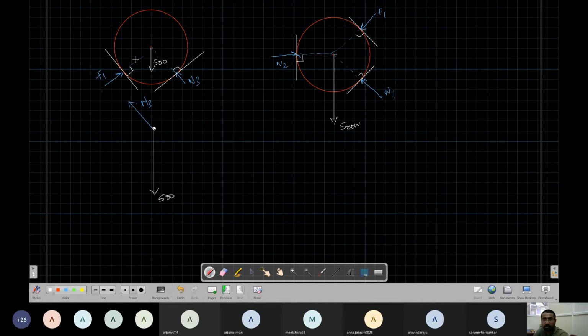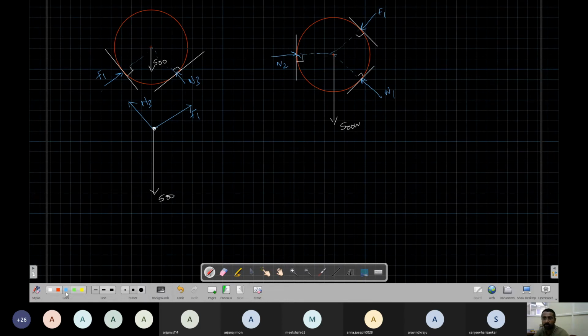I have a force like this, level force transmissibility which I can put there. Now this is F1. So this we know. And now if you find these three angles, we can find these two.